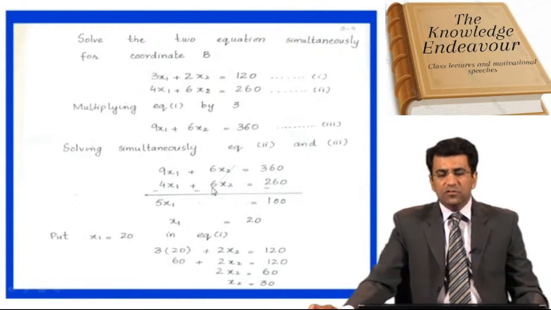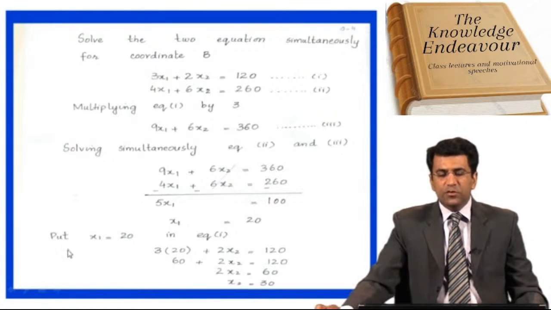This will be cancelled because it is 6x2 minus 6x2. This will become 9x1 minus 4x1, that is 5x1 is equal to 360 minus 260 is equal to 100. If you divide both of these sides by 5, we will get the value of x1 is equal to 20. Similarly, if you put this value of x1 is equal to 20 in either equation number 1 or equation number 2, we will get the value of x2.